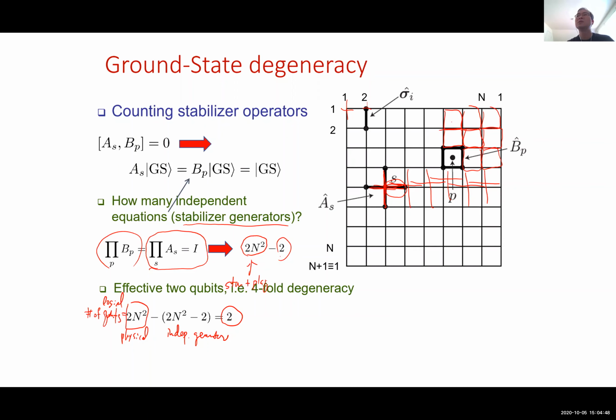Question? Why are there two constraints? As I said here, the product of B_P equals 1 and the product of A_S equals 1. These are the two constraints.